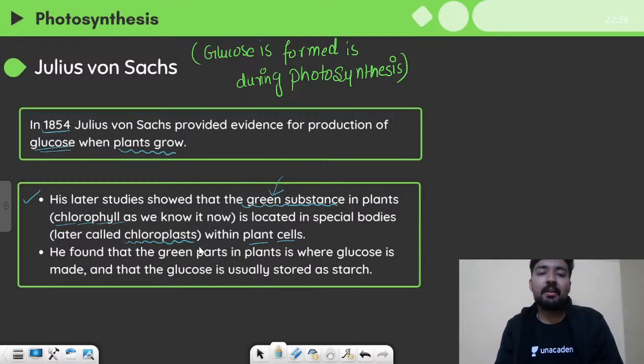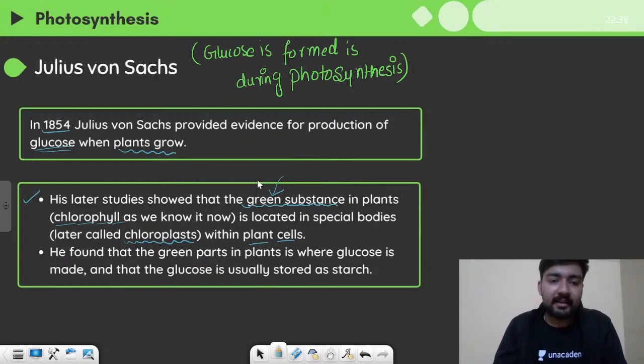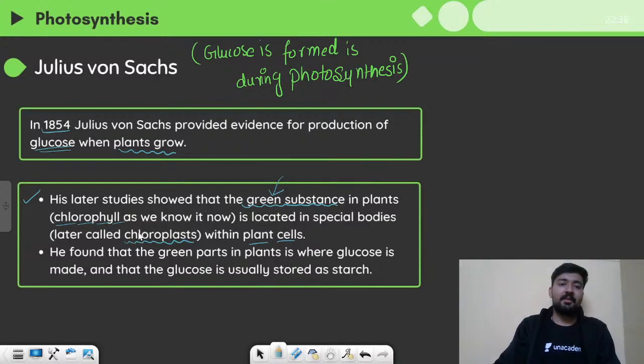He did not give any term like chloroplast or chlorophyll, but he had an idea that something like that was happening. Today we know that the green pigment is chlorophyll and that structure is the chloroplast, which is an organelle found in the plant cells, and these organelles perform the procedures of photosynthesis.